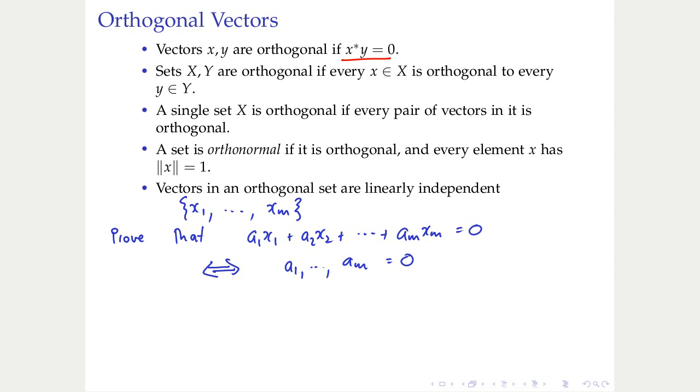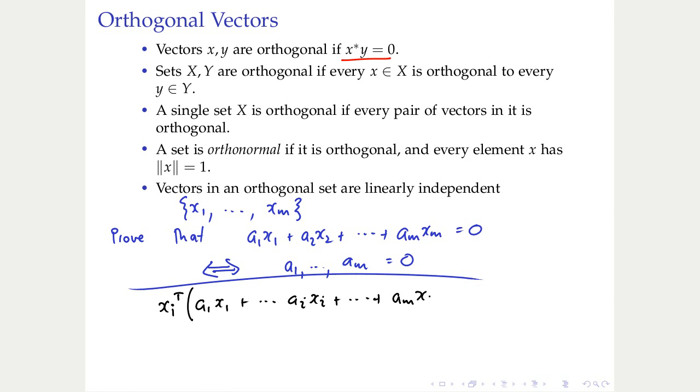And how would we prove that? Well, it's actually quite simple. We just take the inner product of this whole expression with one of the vectors and see what happens. I'll pull out xi, so just a general one. xi transpose times (a1 x1 plus ai xi plus am xm). If our first statement is true, then that one's true as well.